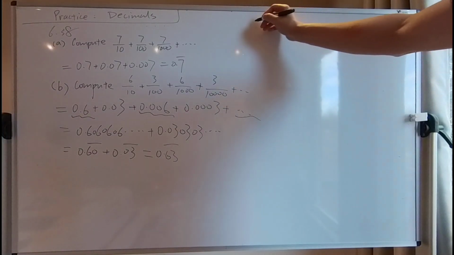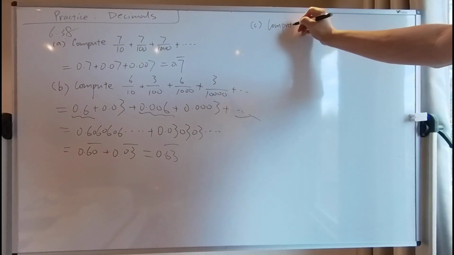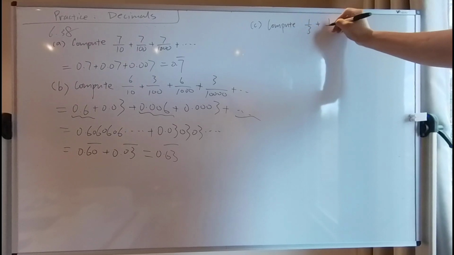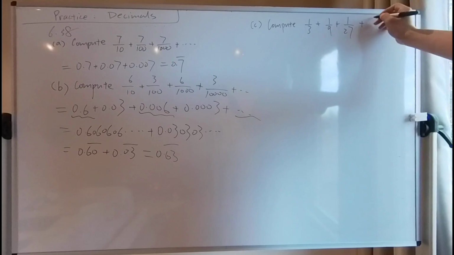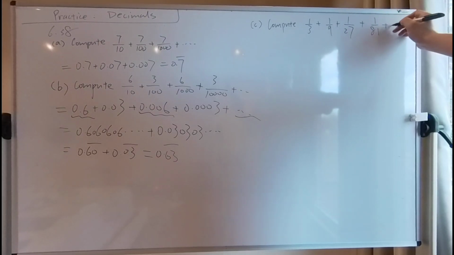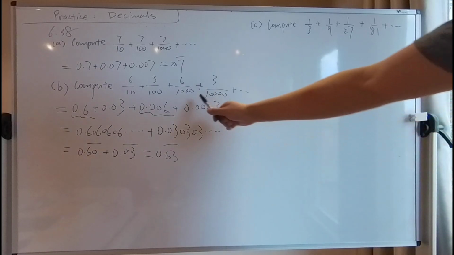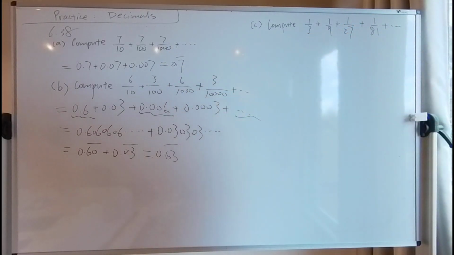Okay, so the last one to compute: 1/3 plus 1/9 plus 1/27 plus 1/81, and keep going. Now this one is unlike the previous examples, where you're always dividing by a power of 10, so you can easily convert each single fraction into a decimal number and then put them together.